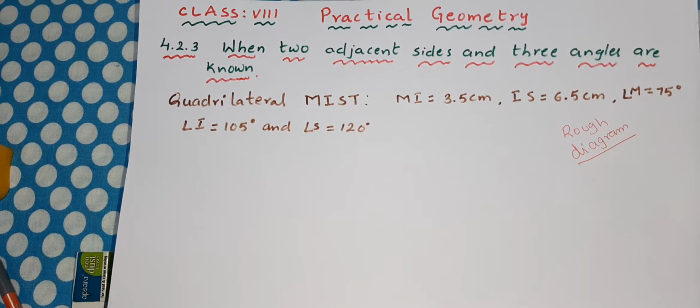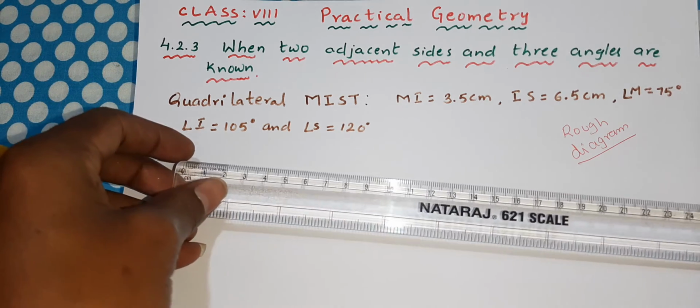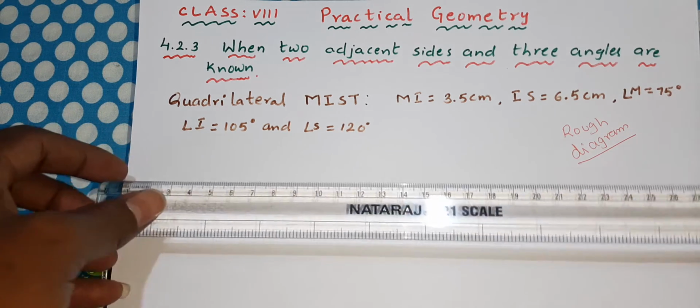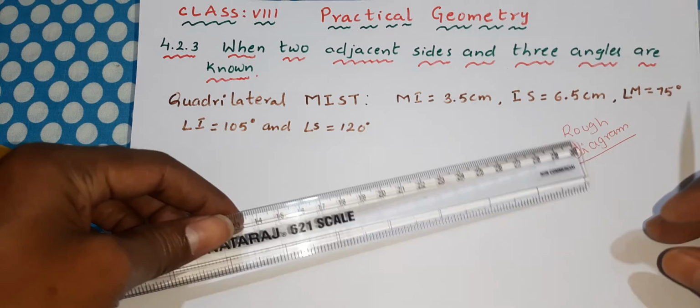While doing the rough diagram also you can use a scale to construct a quadrilateral MIST.